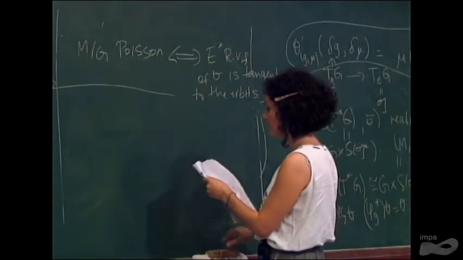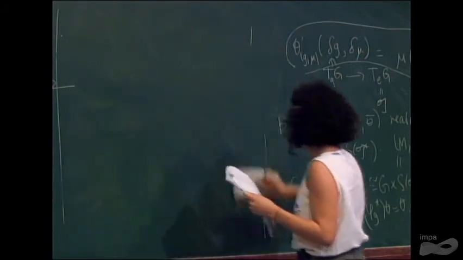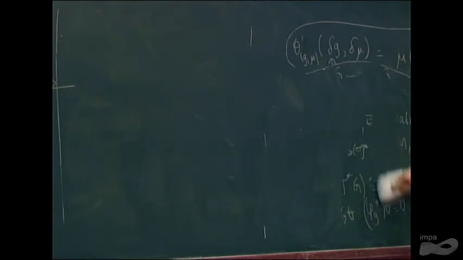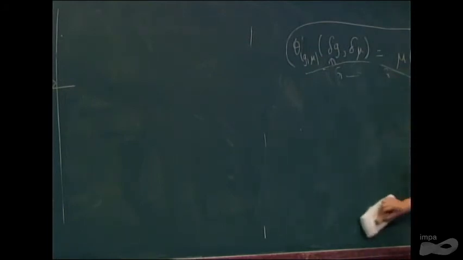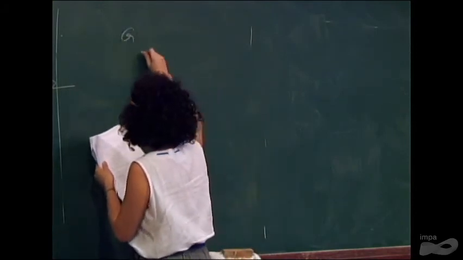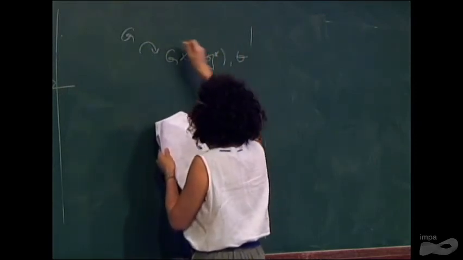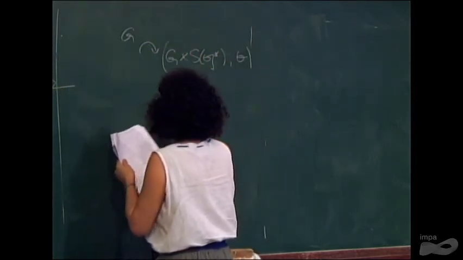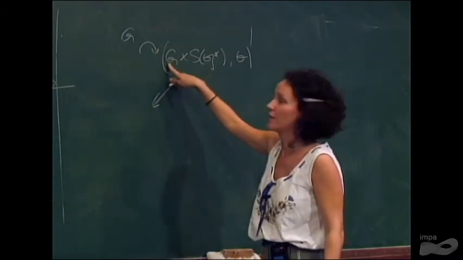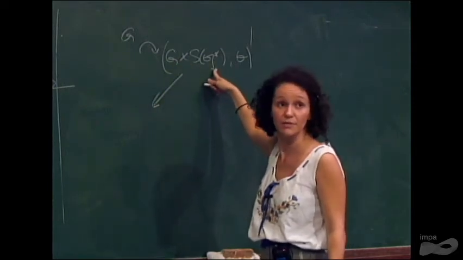Okay. Let's go back to our example. I hope you like the example because it's the only one I have on the blackboard. I have more, but not here. So in our example, we have this G-action here. I have my form, and remember that you are only acting here by left multiplication, so the quotient will be the sphere, right?